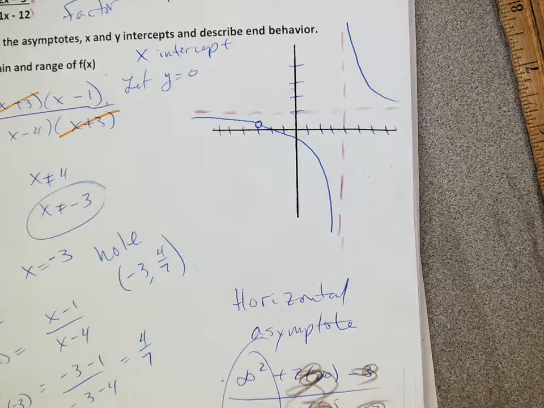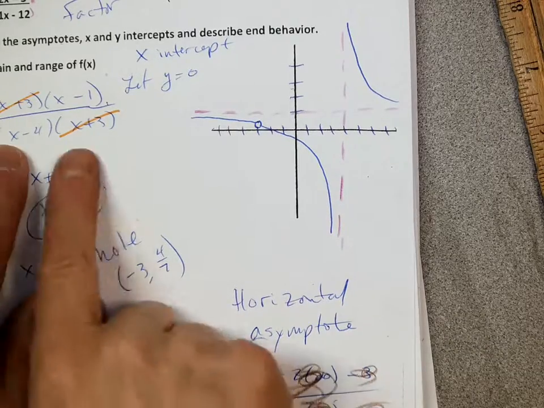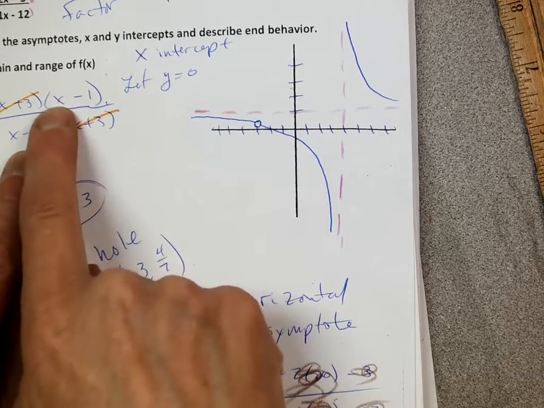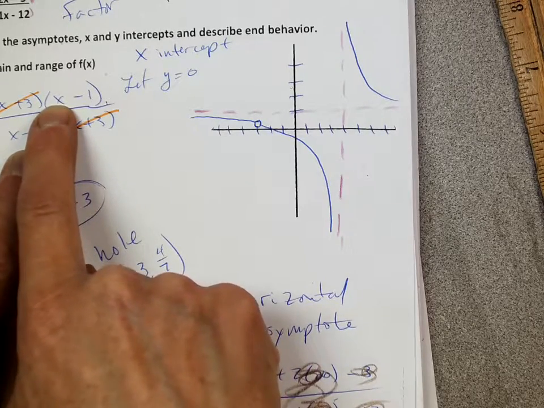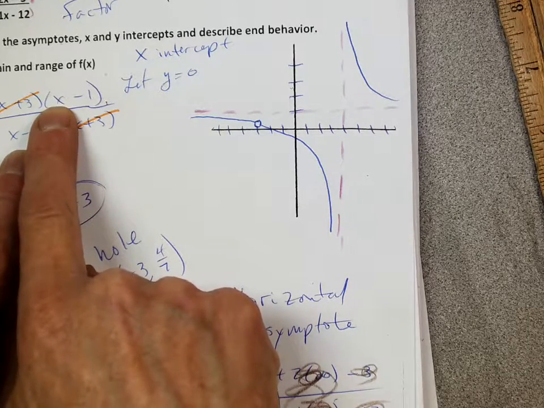If I go back to my factored form, listen to what I say. 0 on the top is 0. 0 on the top is 0. So if I go back to the original factored one, the value of 1 would make it 0, wouldn't it?